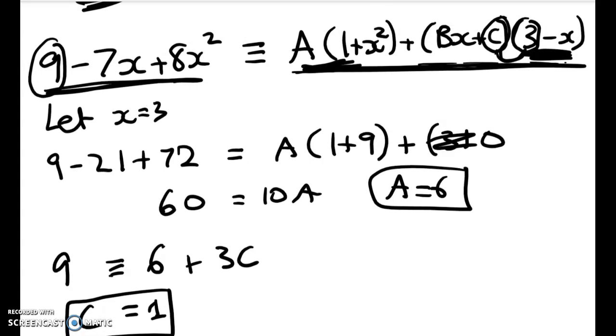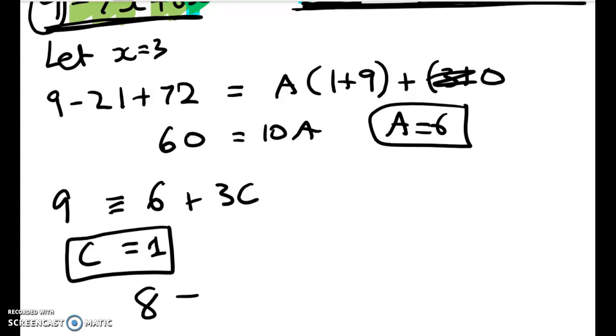Now I can match to get B. I can match on the x term, or I can match up the plus 8x squared. I'm going to match up the 8x squared. So we've got 8x squared here, we've got Ax squared here, take away Bx squared here.